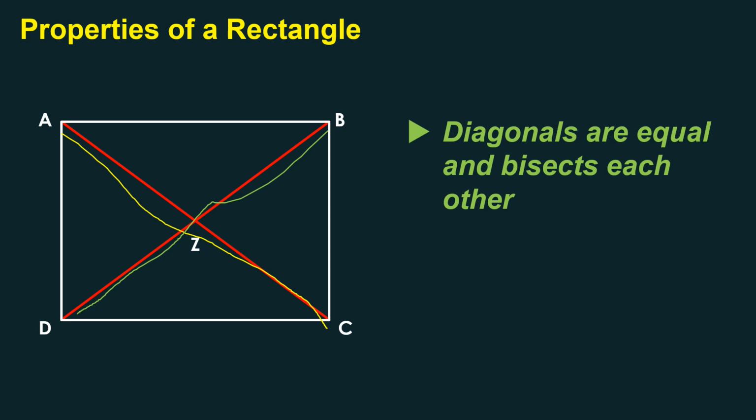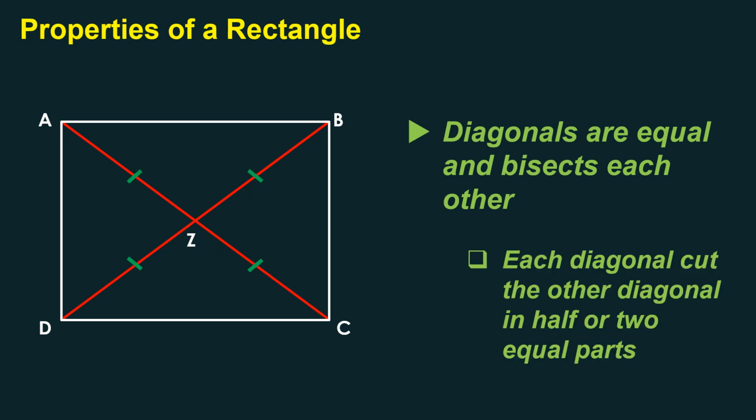That is, each diagonal cuts the other diagonal in half, or two equal parts. So that means that AZ is equal to CZ, BZ, and DZ.